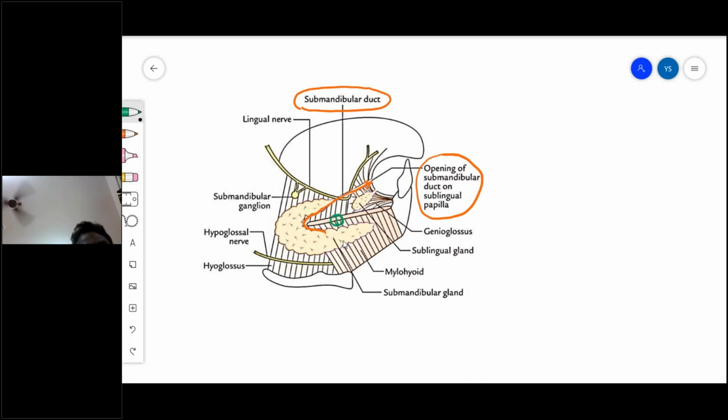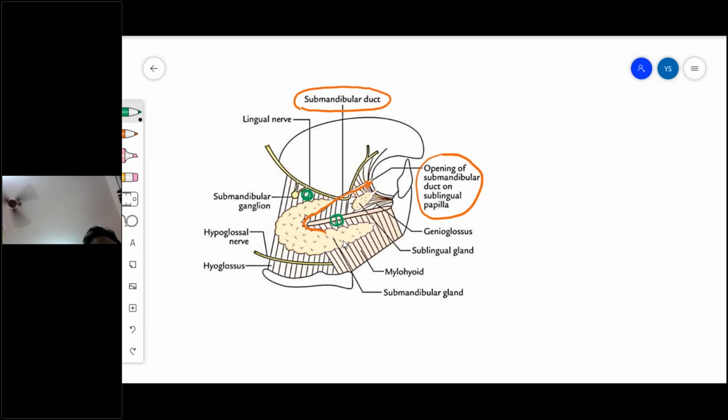Number 1 and number 2 are shown in green color. Name the two muscles. Can you guess? Mylohyoid is number 1, hyoglossus muscle is number 2. So first it passes between the mylohyoid and hyoglossus muscles.